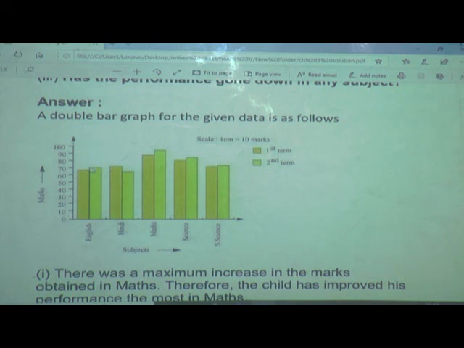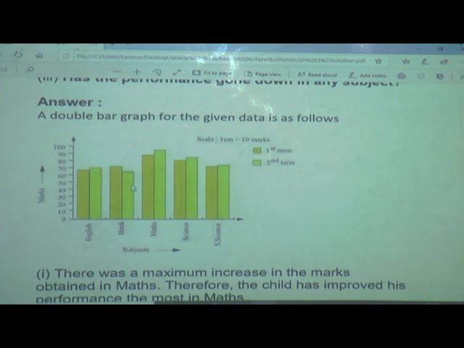It was 70 marks in the second term and 67 marks in the first term. In Hindi also, first we will see the data given, then we prepare a bar by seeing the marks secured by the student in that particular subject.